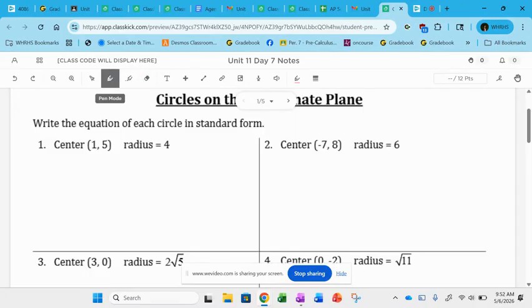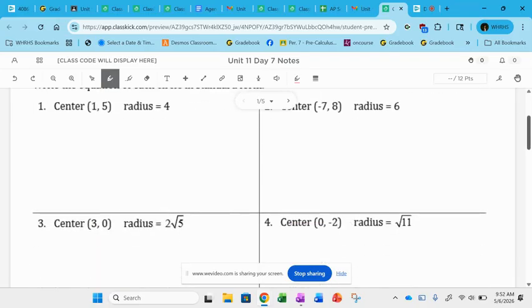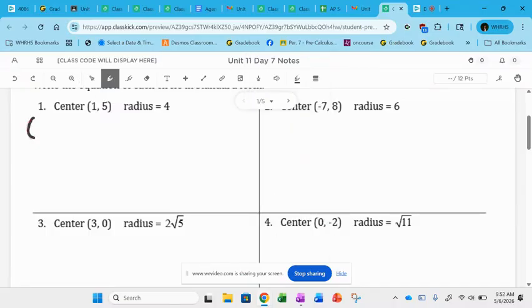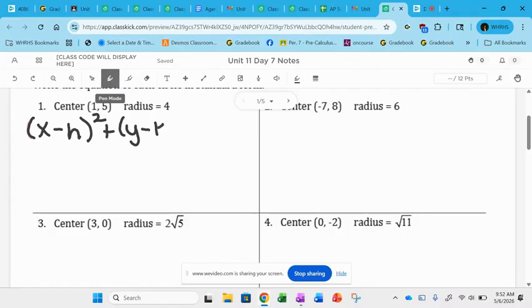The equation of a circle is going to be parentheses x minus h quantity squared. So put that in parentheses. Oh, sorry, I put 5. Don't write that, right? h. Plus y minus k in parentheses quantity squared equals r squared.